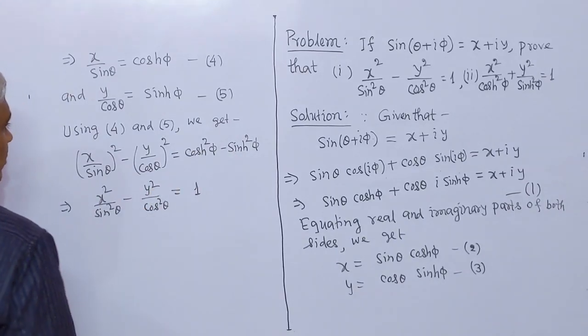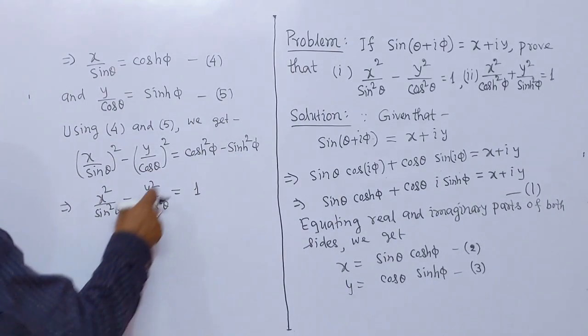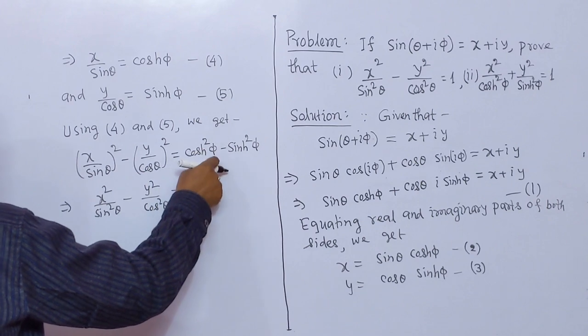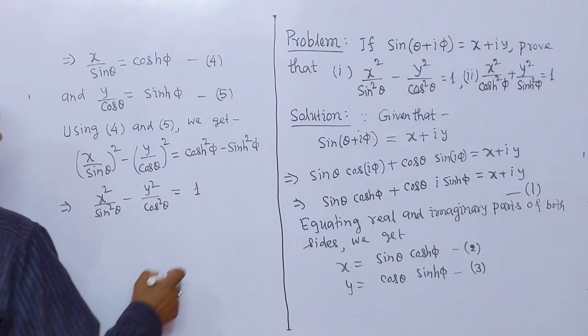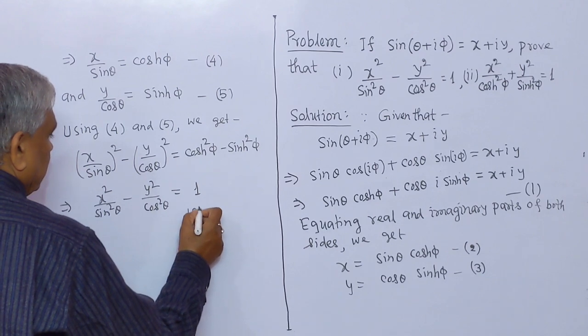We know from the formula of hyperbolic functions cosh squared phi minus sinh squared phi equals 1. So first part proved.